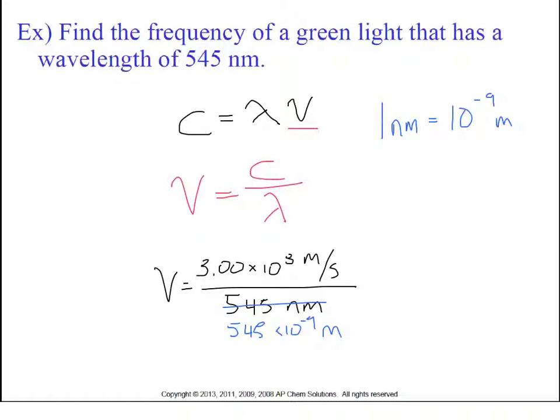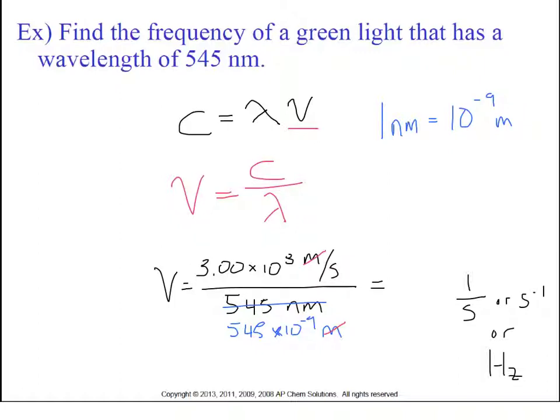All right, so 545 times 10 to the negative 9th. Now we can see that meters will cancel out meters. The units that we are left with is 1 over seconds. So this would be equal to 1 over seconds, which is also known as seconds inverse, which is also known as hertz.